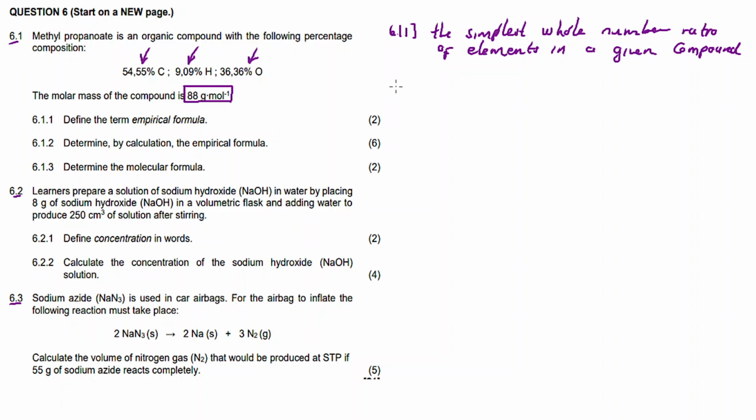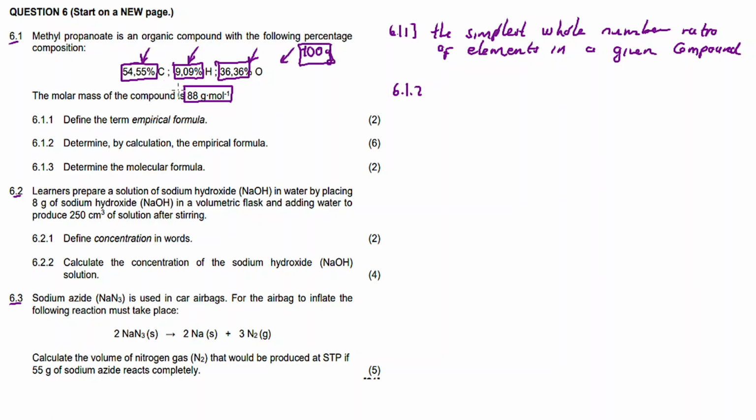Now in 6.1.2 we calculate the empirical formula. These percentages we take as masses because of stoichiometry, using a 100 gram sample.